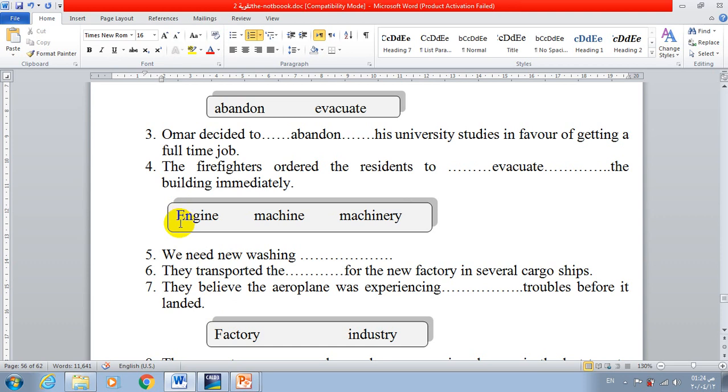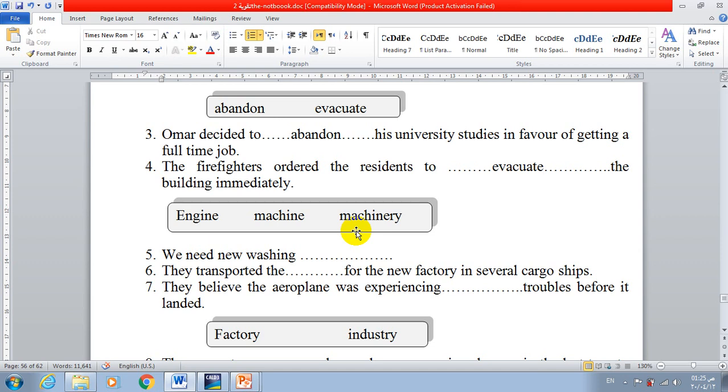The word engine means a machine that uses the energy from liquid, fuel, or steam to produce movement. But the word machine means a piece of equipment with several moving parts which uses power to do a particular type of work. And the word machinery means a group of large machines or the parts of a machine which make it work.